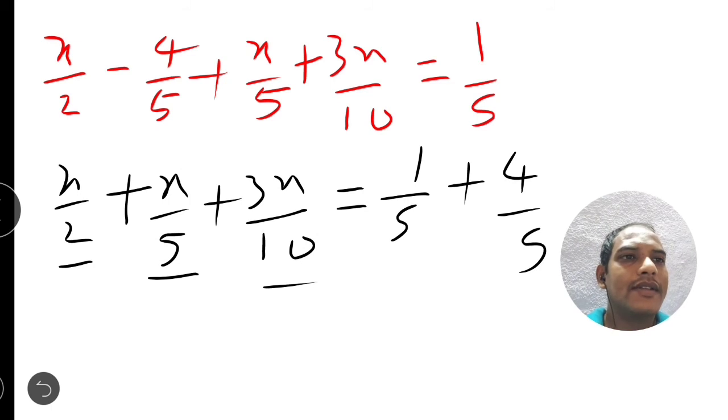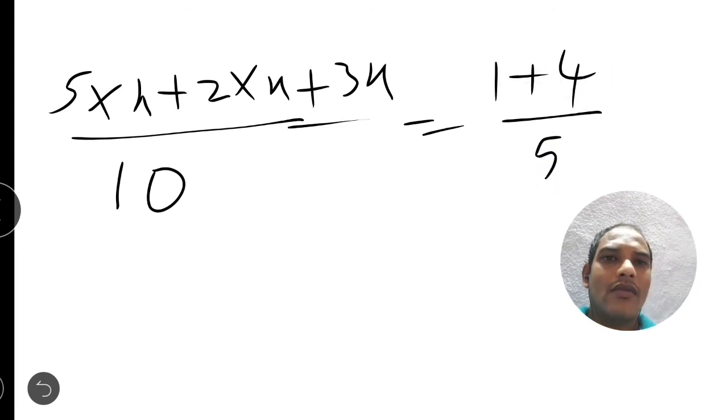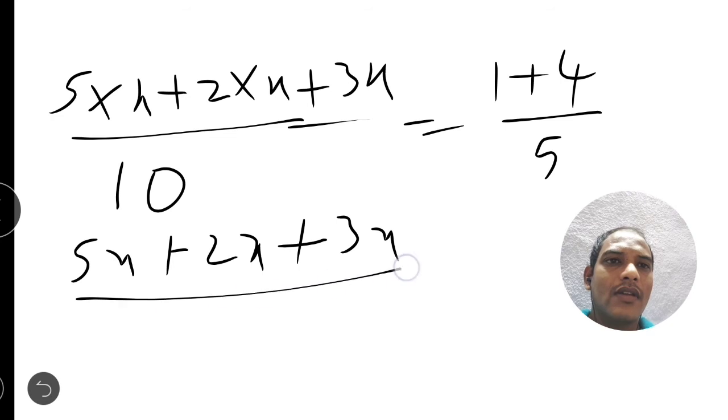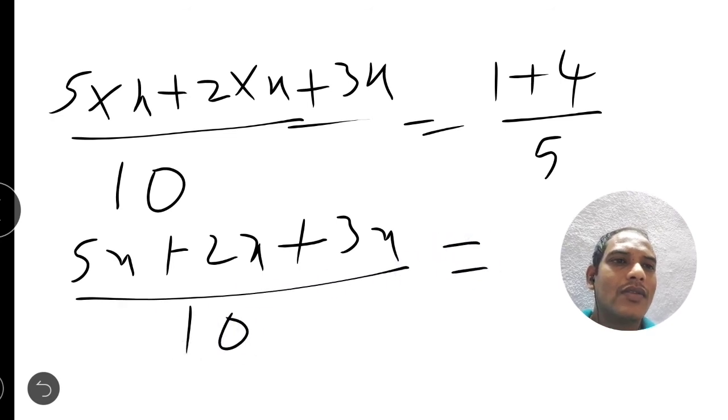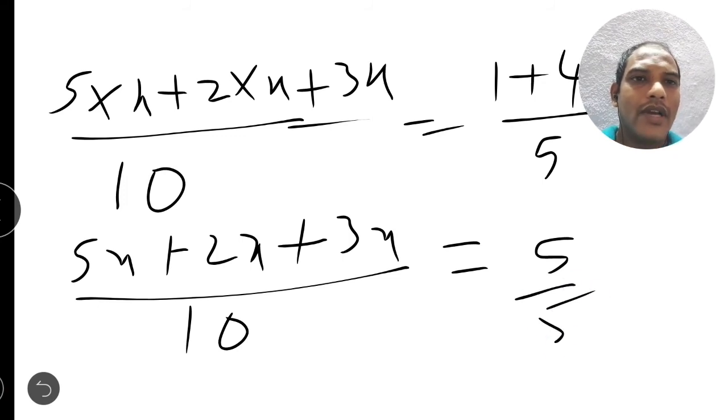Next coming to RHS side, both denominators are same, so very simple, add the numerators as it is. 5 into x is 5x plus 2 into x is 2x plus 3x divided by 10 equals to 1 plus 4, answer is 5 by 5. Now numerator 5x plus 2x plus 3x all are positive terms.